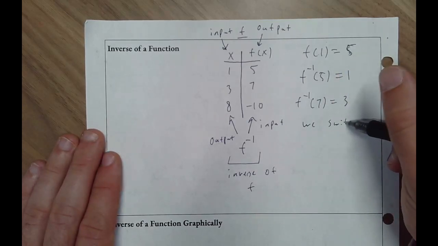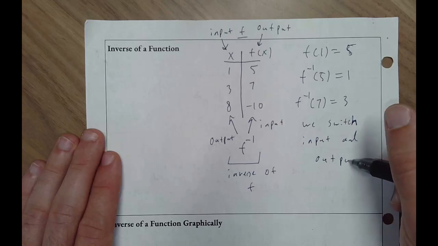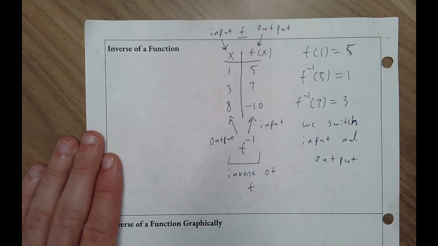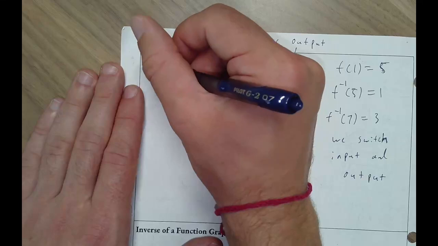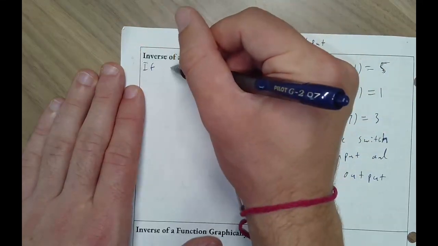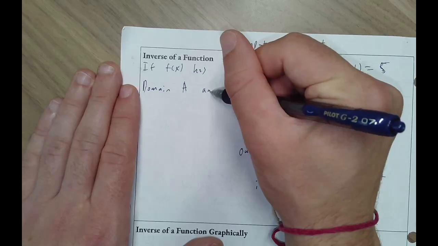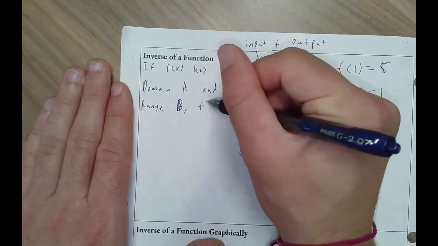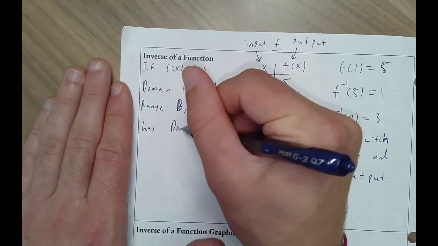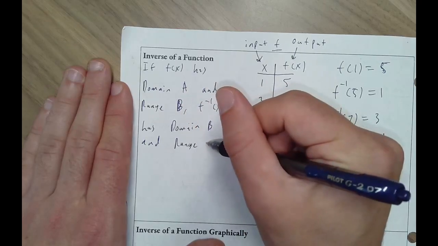We switch input and output. When we do this, if f of x has domain A and range B, the inverse has domain B and range A. So the domain and range are switched.